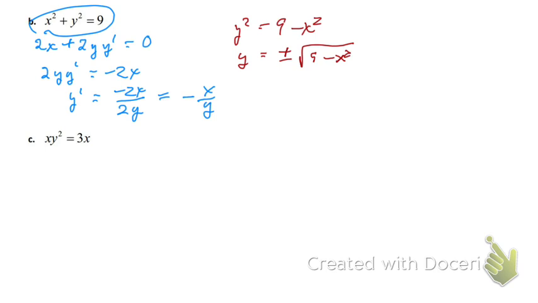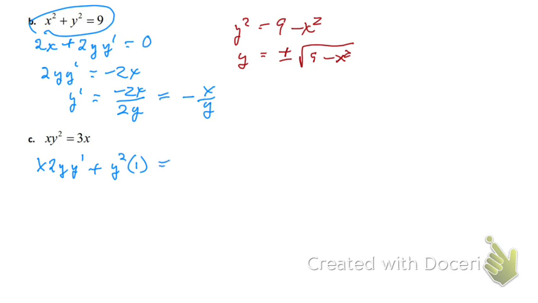What does the product rule say? Take the first function, x, multiply it times the derivative of the second, so that's 2y y prime, right? Plus the second times the derivative of the first. Well, what's the derivative of x? 1. That's my left side.